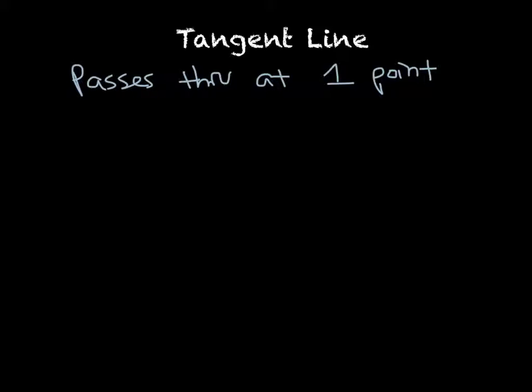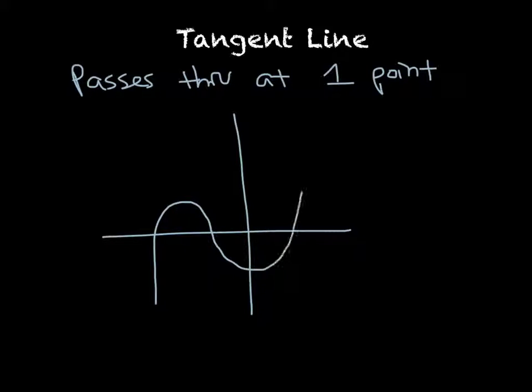So a tangent line is similar, except that it only passes through the curve at 1 point. So imagine that we have a curve. I'll draw something similar. Then a tangent line at this pink point would look like this.